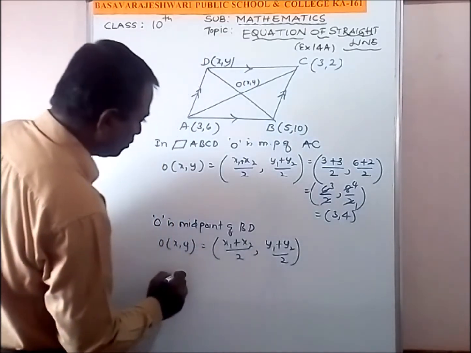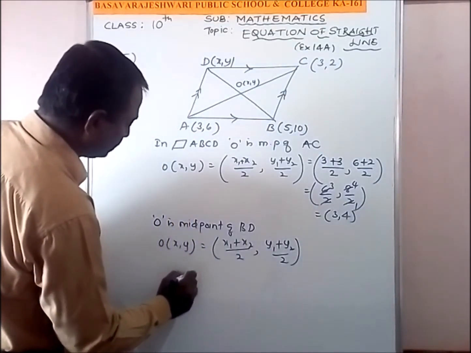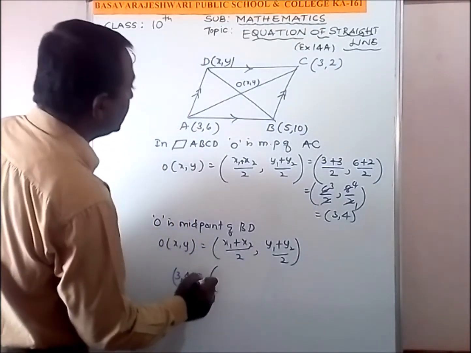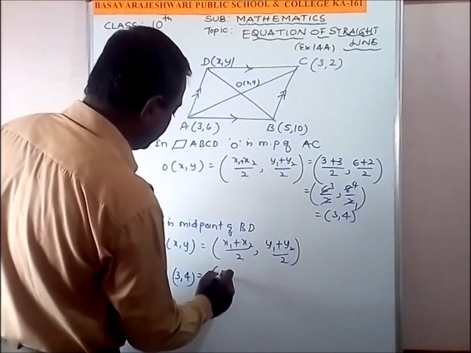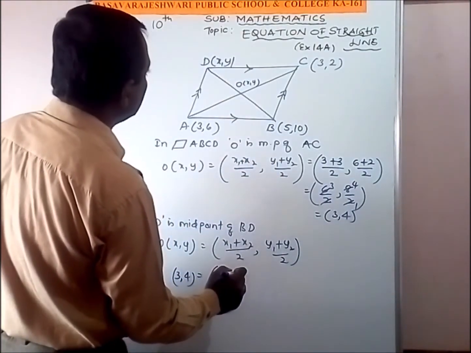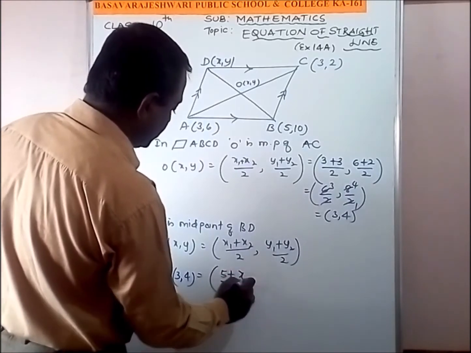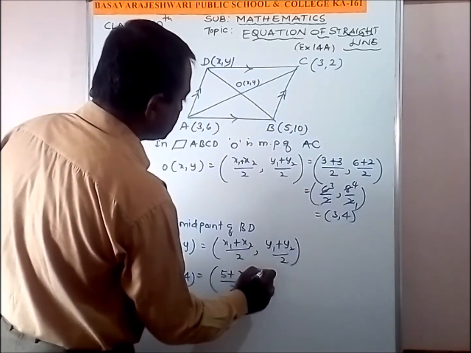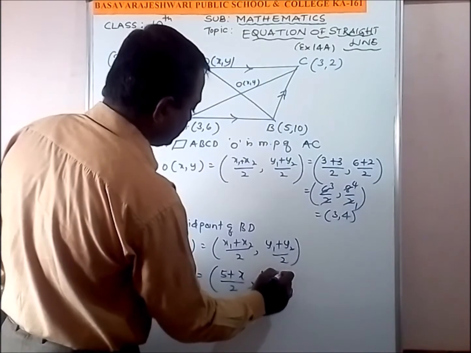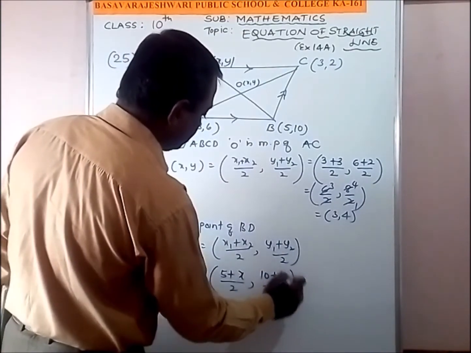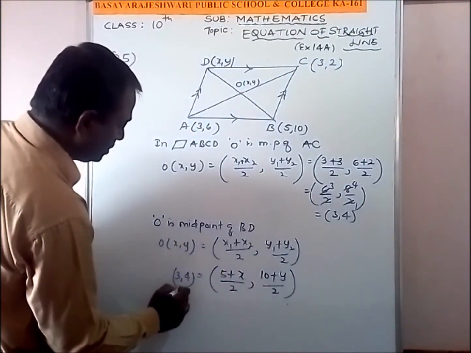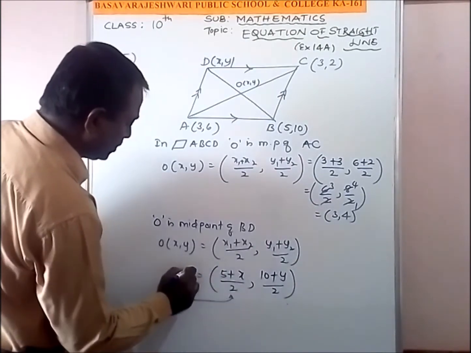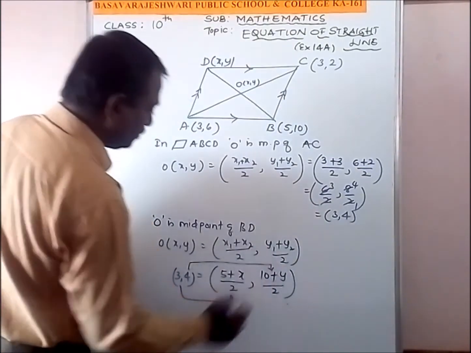That is (3, 4) equal to, x1 is what here? 5 plus x2, which we don't know, by 2. y1 means 10 plus y2, which we don't know, by 2. We have to equate x coordinates with x coordinates, y with y coordinates.